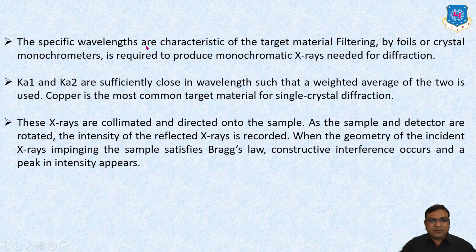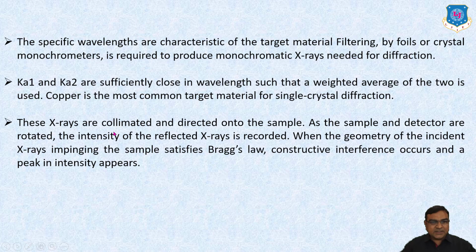The specific wavelengths are characteristic of the target material. Filtering by foils or crystal monochromators is required to produce the monochromatic X-rays needed for diffraction. K-alpha1 and K-alpha2 are sufficiently close in wavelength such that a weighted average of the two is used. Copper is the most common target material for single crystal diffraction.